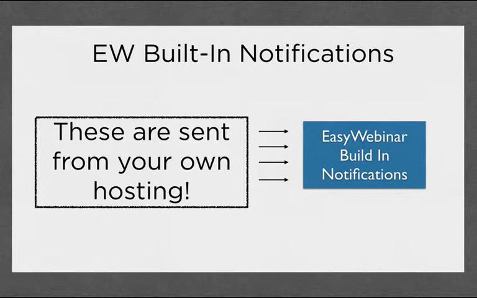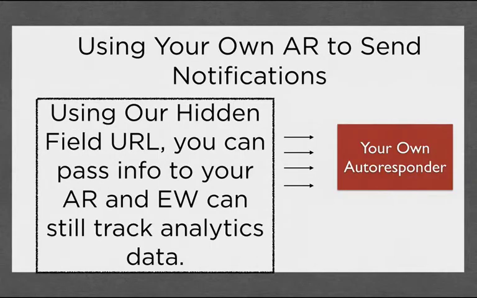Our system has what are known as commands that will send the emails out depending on the registrant's time zone and when the webinar and event is scheduled. But just understand that they are hosted from your own server and are being sent out from your own server. And I'm going to come on to why that's important in a second here.